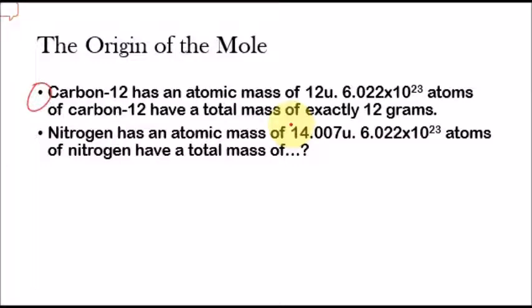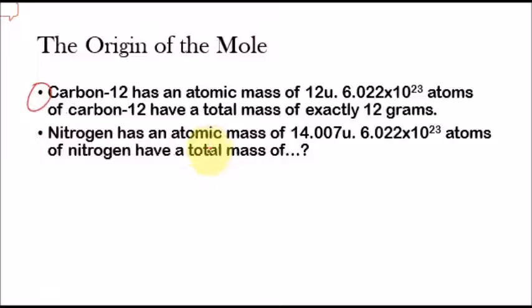Scientists also discovered that 6.022 times 10 to the 23rd atoms of carbon-12, all of these atoms put together, have a total mass of exactly 12 grams. Exactly 12 grams.